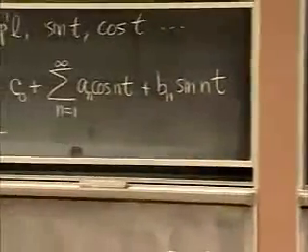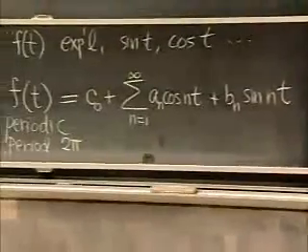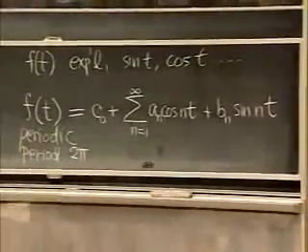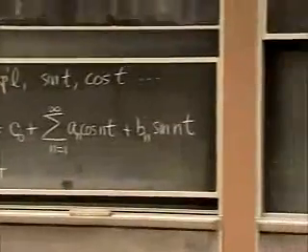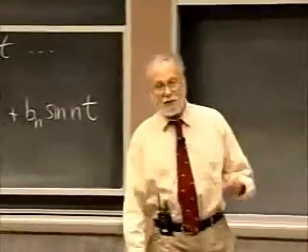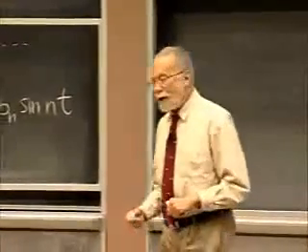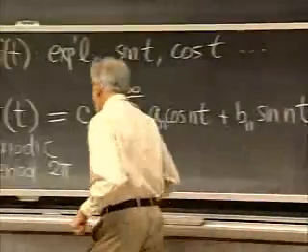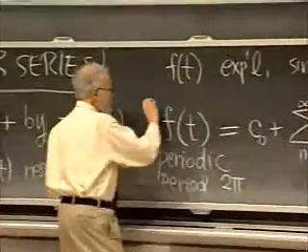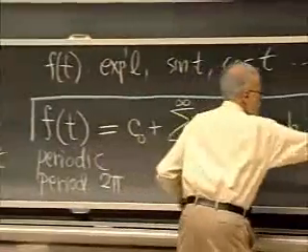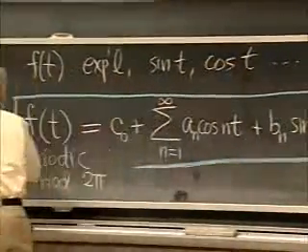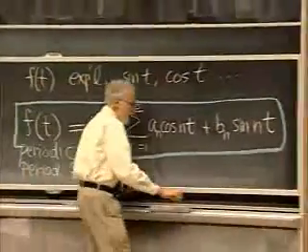Now, why does that solve the problem of inputs, general inputs for periodic functions, at least if the period is 2 pi, or some multiple of 2 pi, or some fraction of it? Well, you can think of it this way. I'll make a little table.